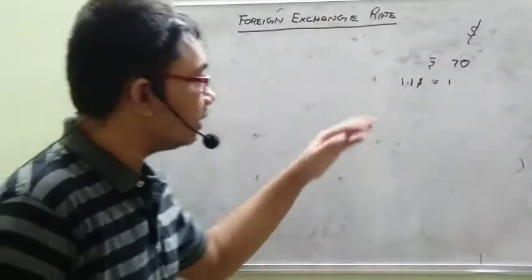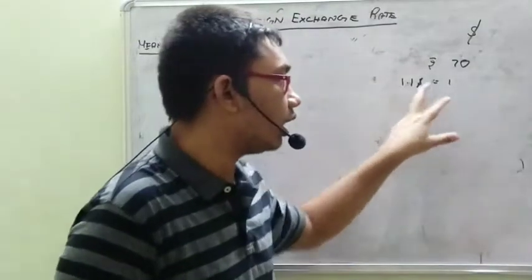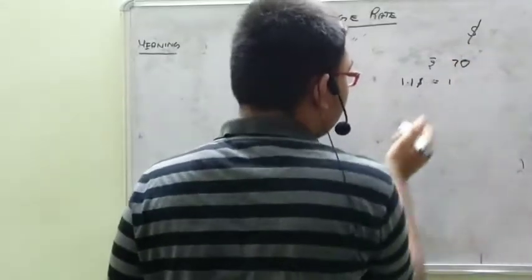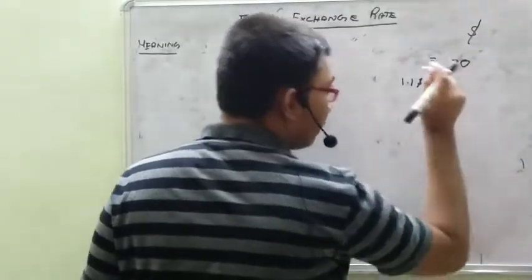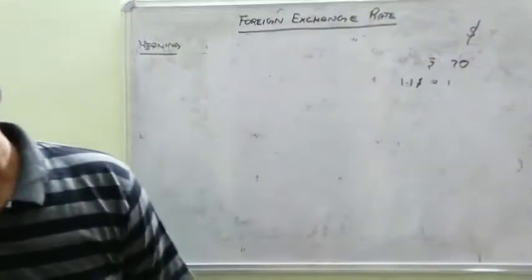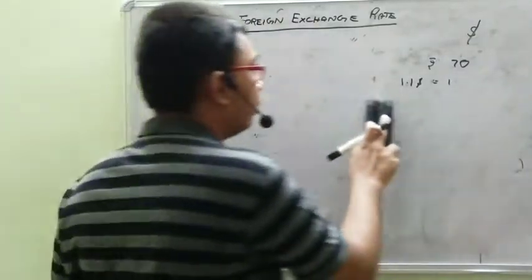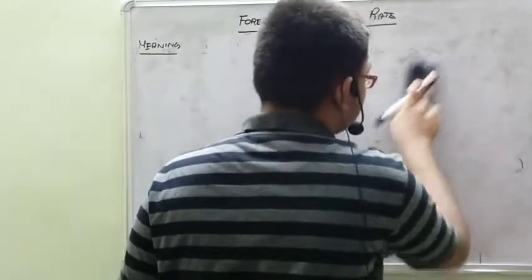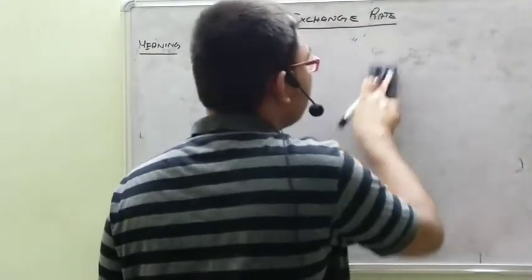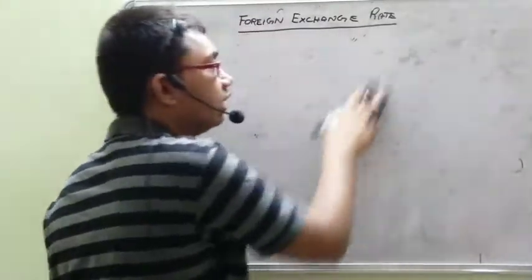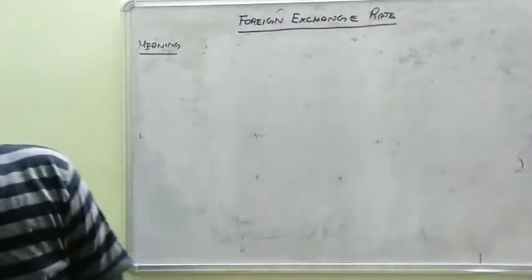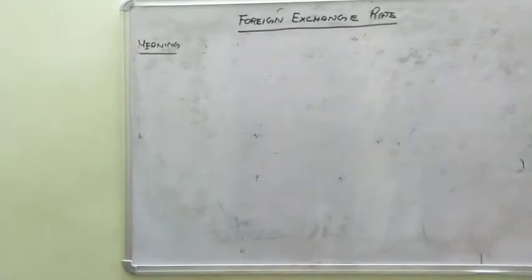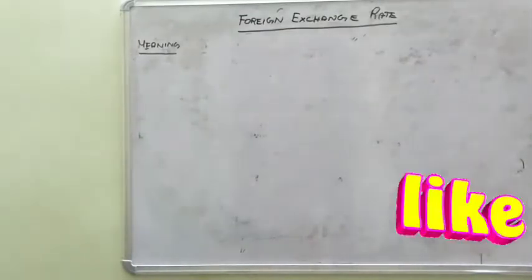If this is the case, then both of these are related to the dollar, so we can say that 1 pound is equal to 70 into 1.1, or 77 rupees. So generally the common denomination used here is the dollar. Based on the dollar, we determine the direct exchange rate for different currencies. So this is basically the foreign exchange rate.